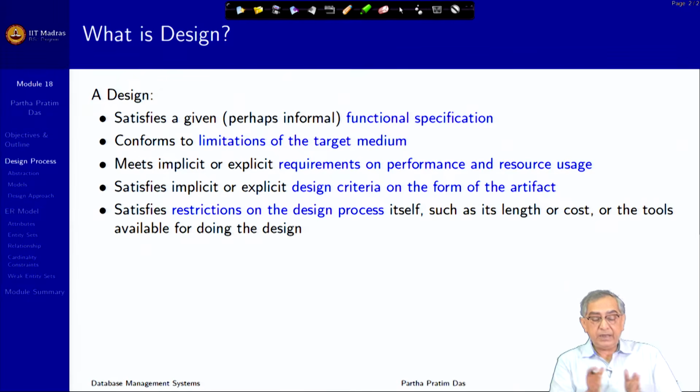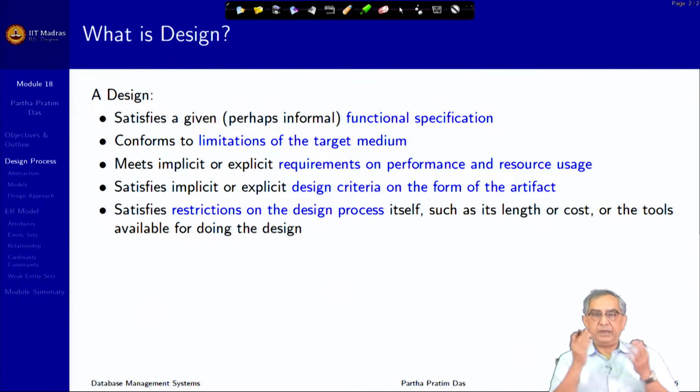And you have to implicitly or explicitly meet all requirements of performance and resource usage. Some will have a lot of concurrent use like the banking application, with a response time of under a second. Some will have a single user application. Some will be very distributed, say nationwide distributed applications like your CoWIN application or Aarogya application and so on.